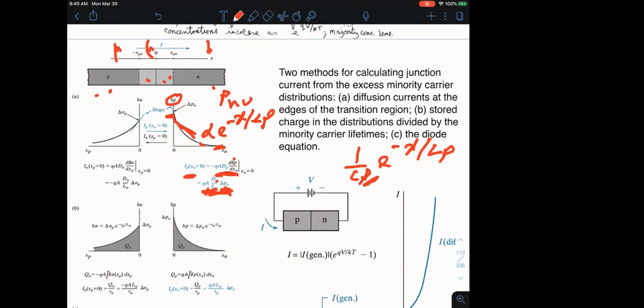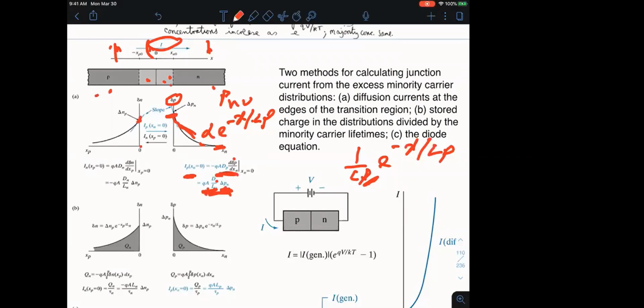Okay. And the statement is a very bold statement, and that is the total current I, which is the same throughout, is the sum total of the diffusion current of holes on the n side at x equal to 0, which is the diffusion edge over here, plus the diffusion current of electrons at this position on the p side. So let me restate that.